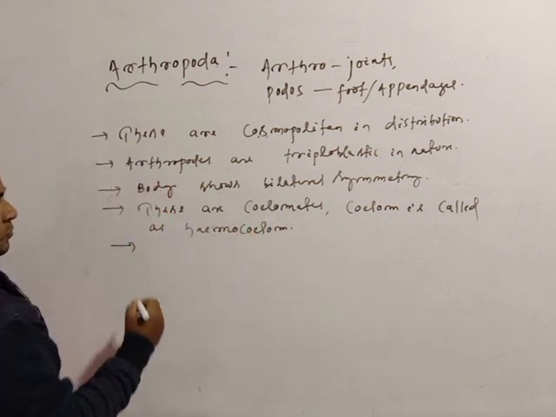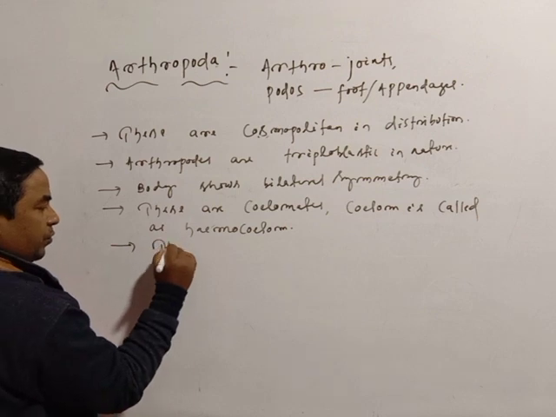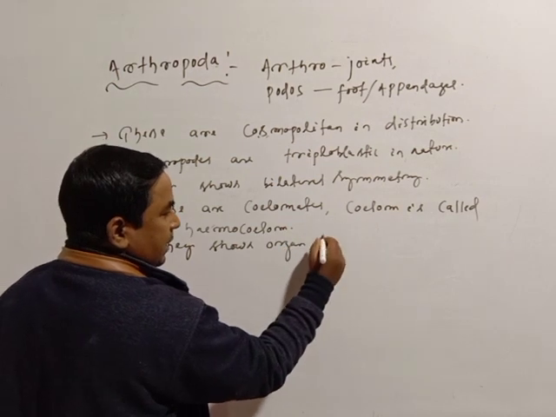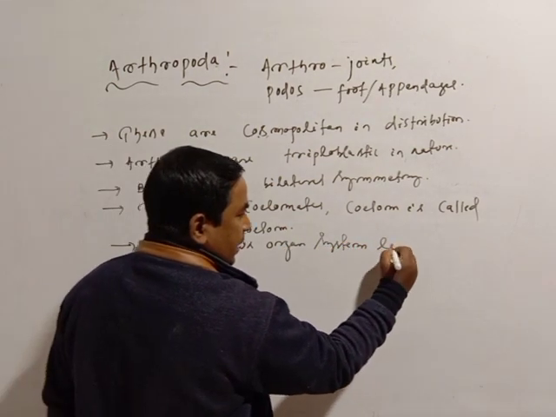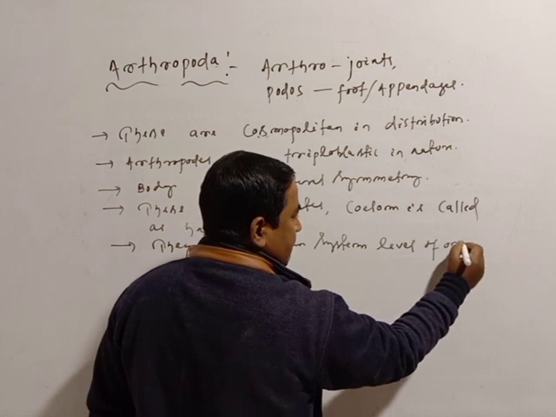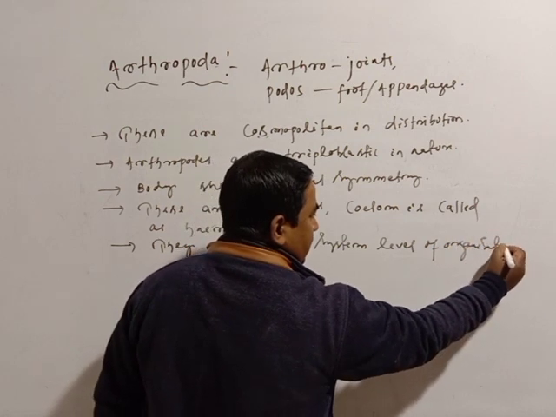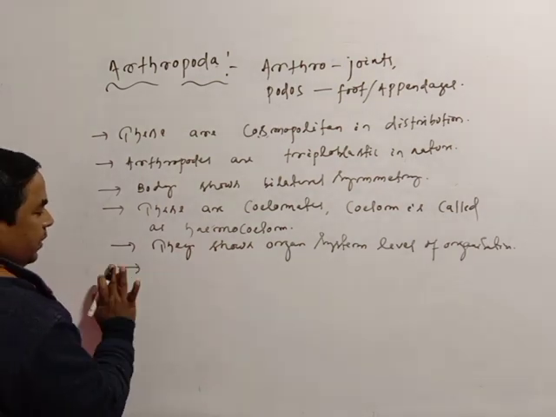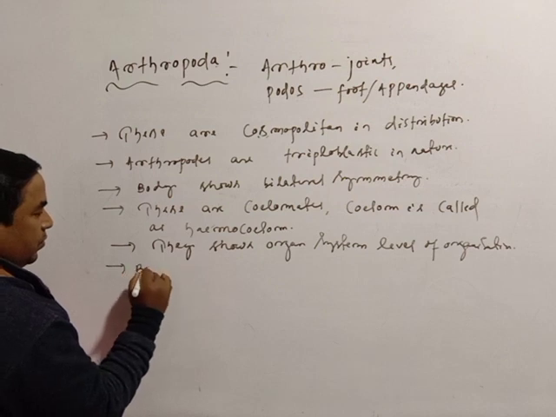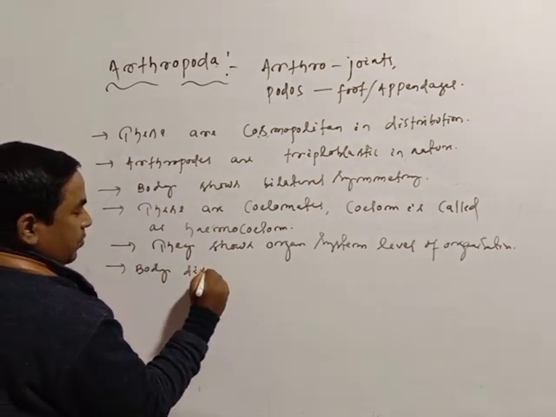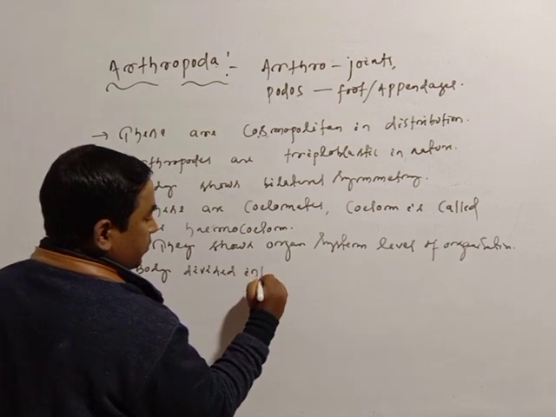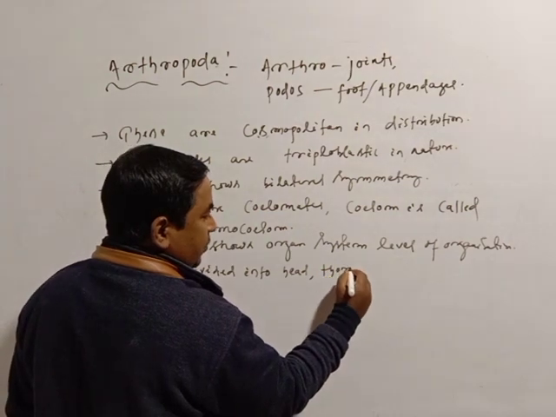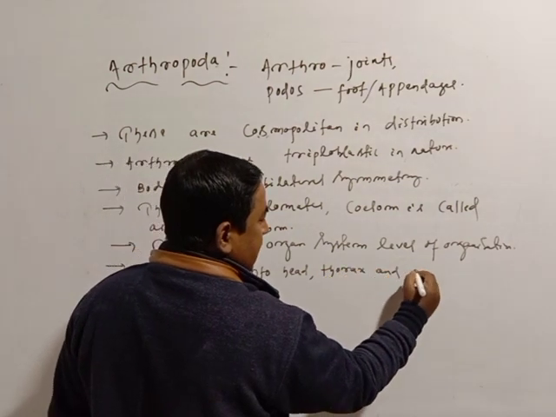Next, the organ system level of organization. Next, body divided into head, thorax, and abdomen.